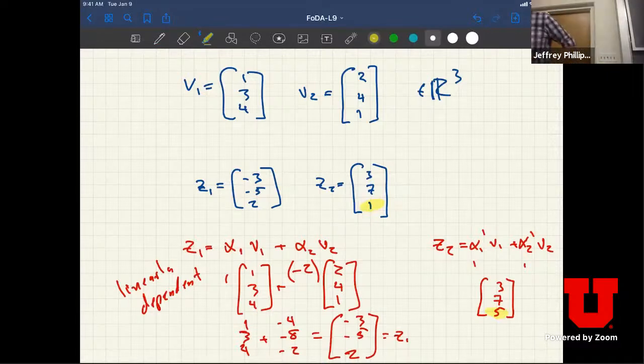So Z2 is going to be linearly independent.